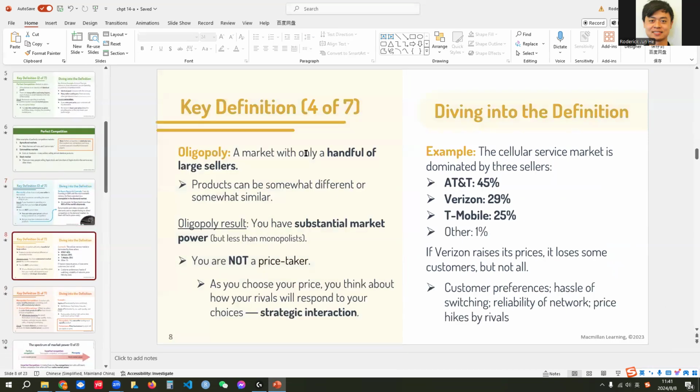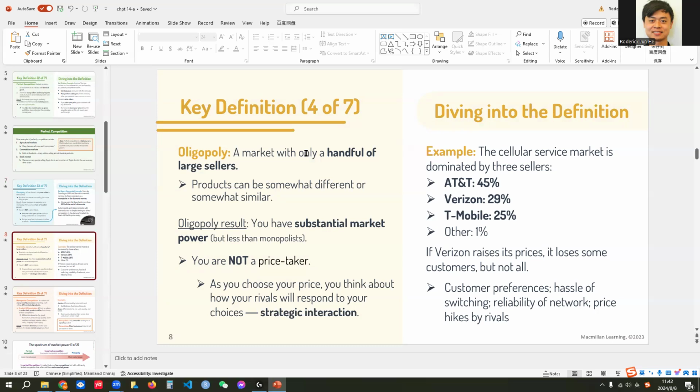So that's this. And the first of the other two is oligopoly, and it is a market with only a handful of large sellers, and products can be somewhat different or somewhat similar. So each firm in an oligopoly market has a pretty strong market power still.